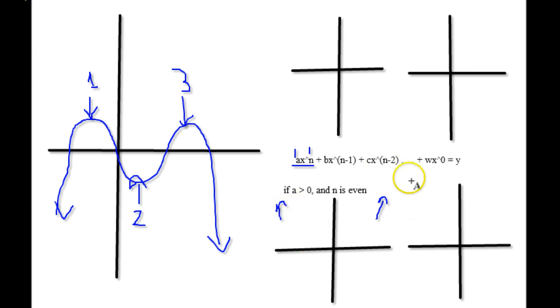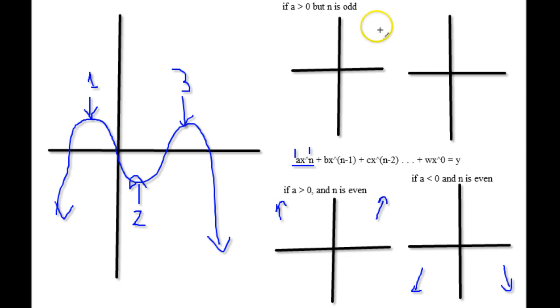Now, if a is negative and n is even, it's going to be flipped upside down. It's going to go down to the left and down to the right. Something pretty simple. Now, what if a is positive, but n is odd, in other words an odd number: 1, 3, 5, 7, 9, whatever.